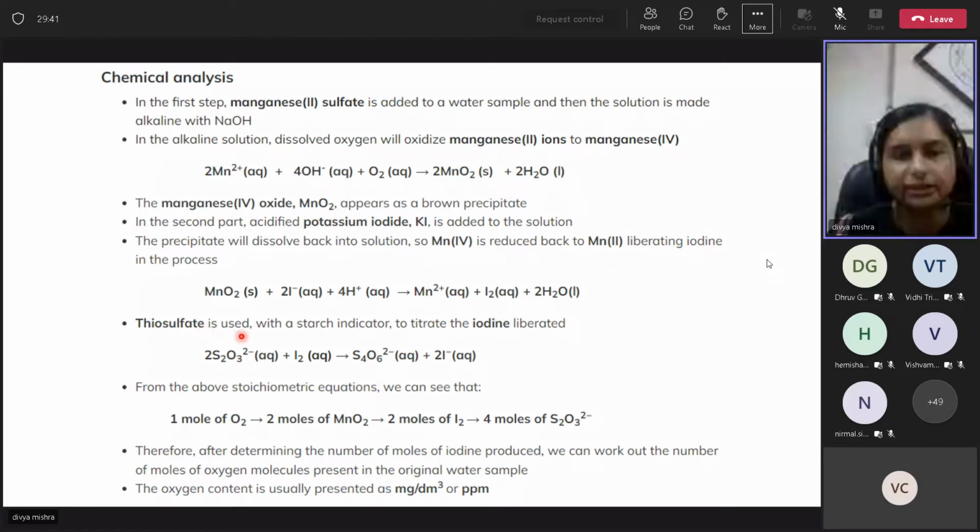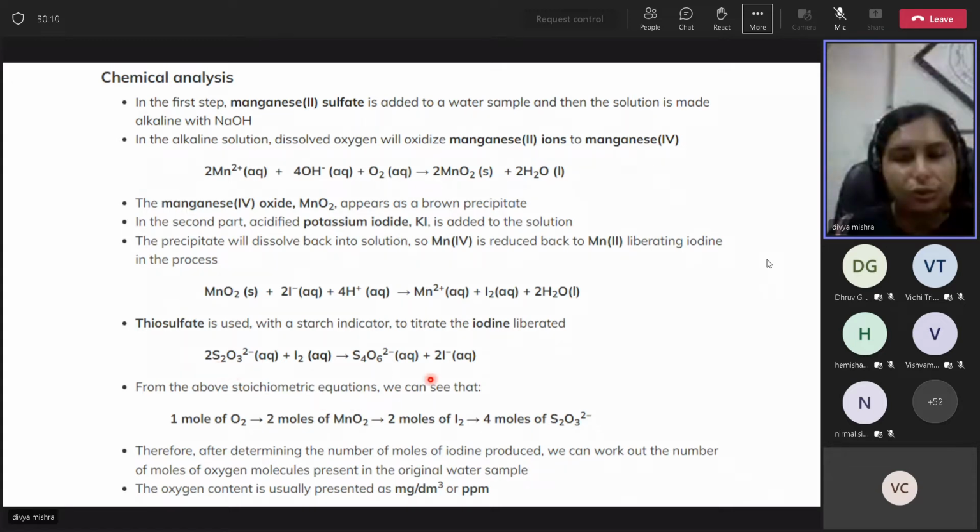You will add some amount of sodium thiosulfate so that you get a pale yellow color, and then afterward you will add 2 to 3 drops of starch indicator, so you will get a dark blue color because iodine is liberated. Now this liberated iodine will be titrated with the sodium thiosulfate.